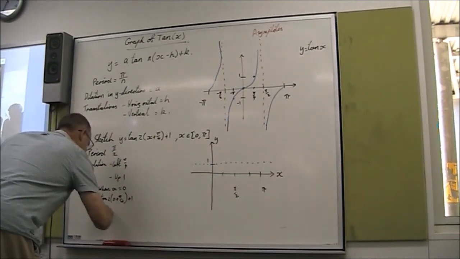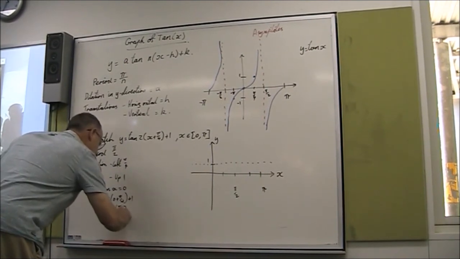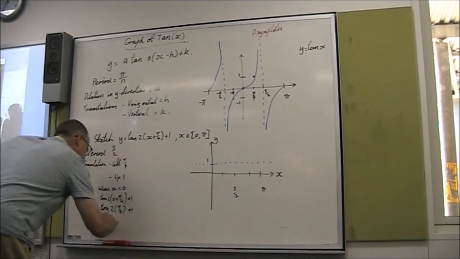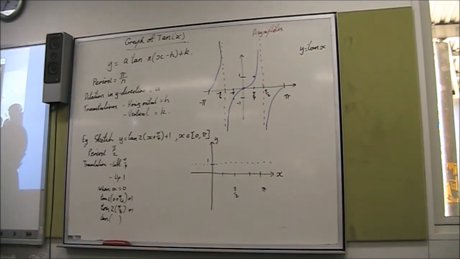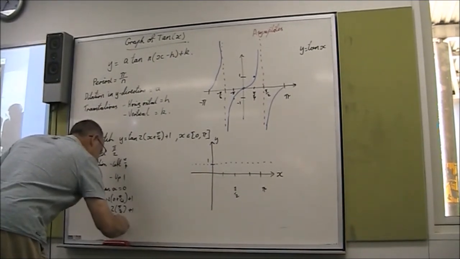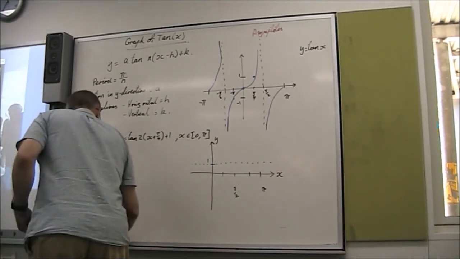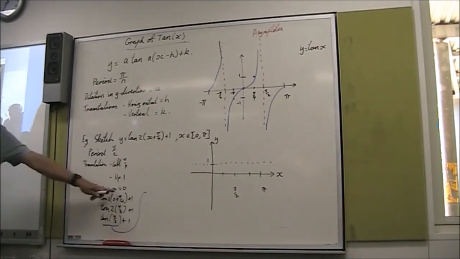So we've got tan of 2 lots of pi on 4 plus 1. And 2 lots of pi on 4 are pi on what? Pi on 2, aren't they? What do we know about pi on 2? It's undefined. So if pi on 2 is undefined, what does that mean about what's going on at x equals 0?